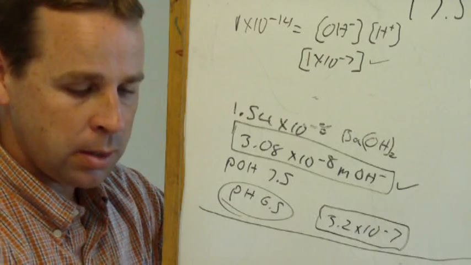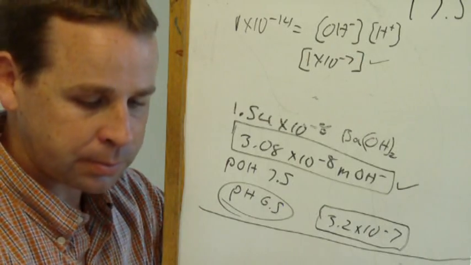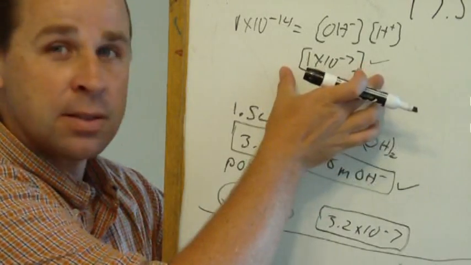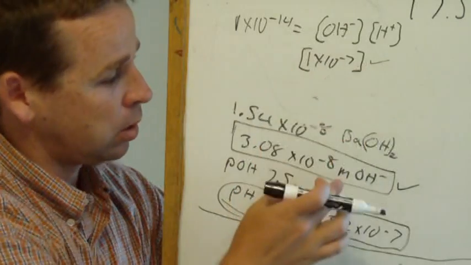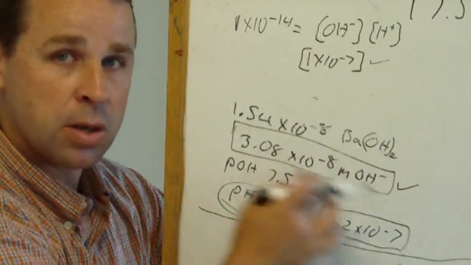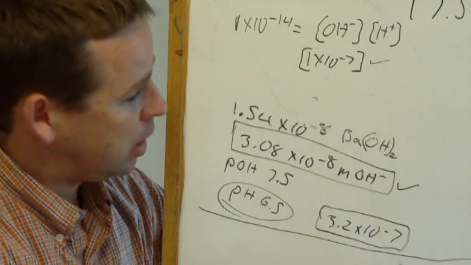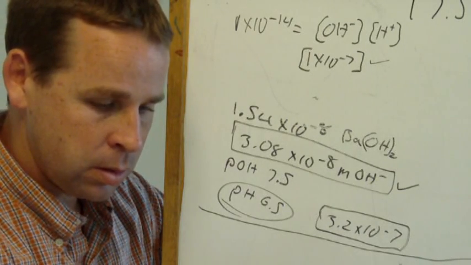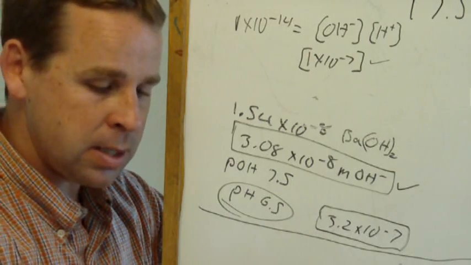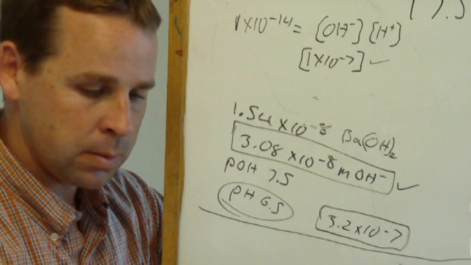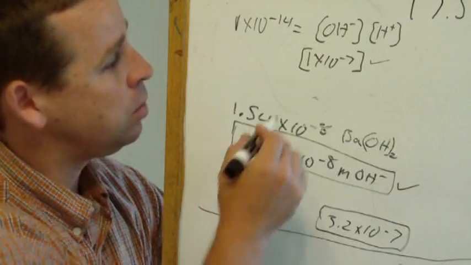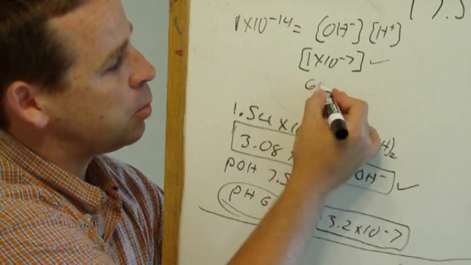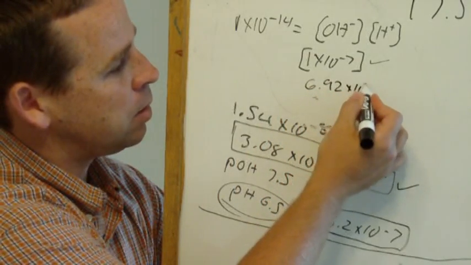So we take our 1 times 10 to the minus 7, because that's how much base is going to auto-ionize in solution. We subtract it from how much base has been contributed, and that's 3.08 times 10 to the minus 8. And that gives us 6.92 times 10 to the minus 8.